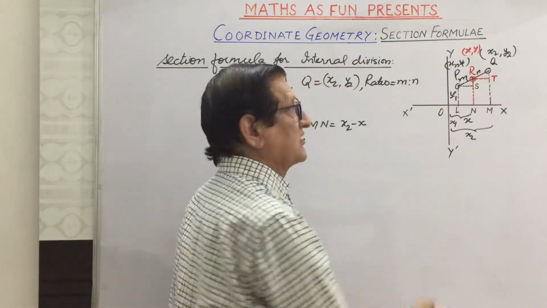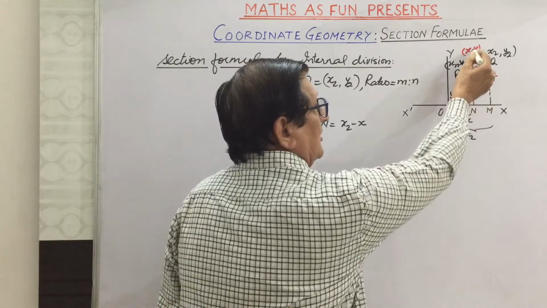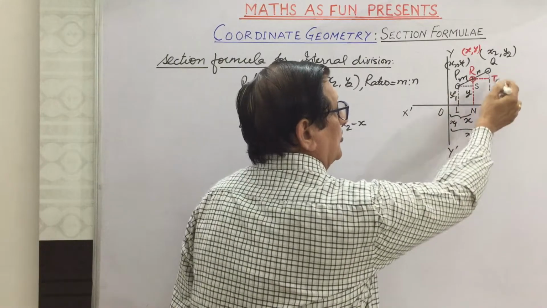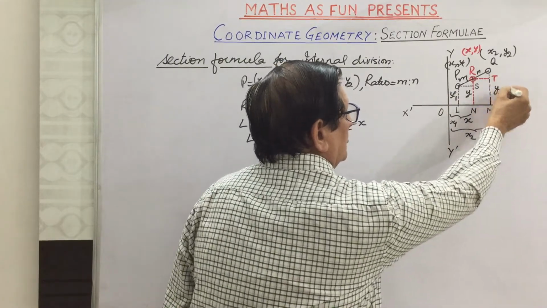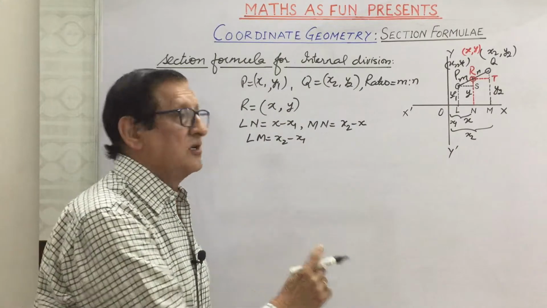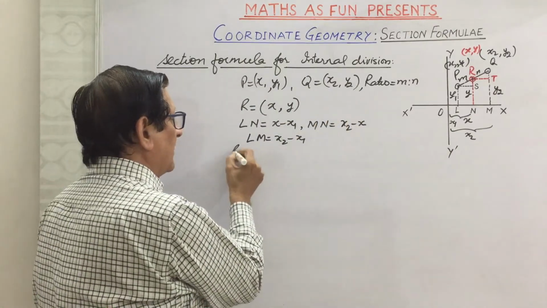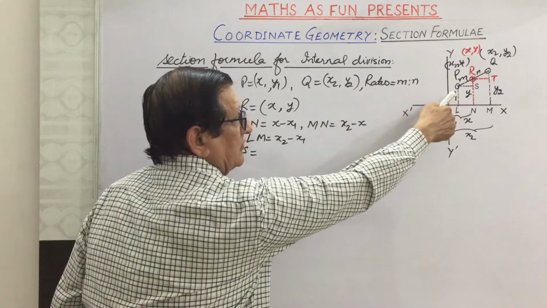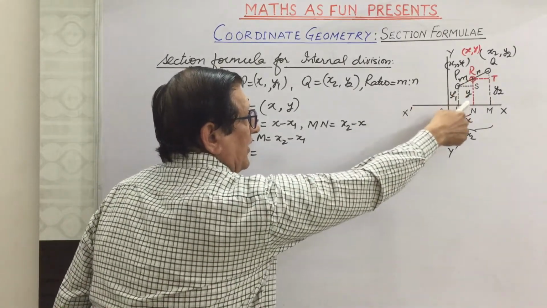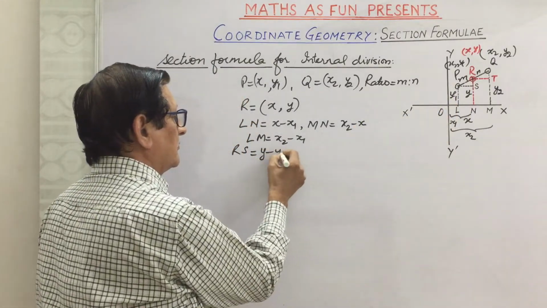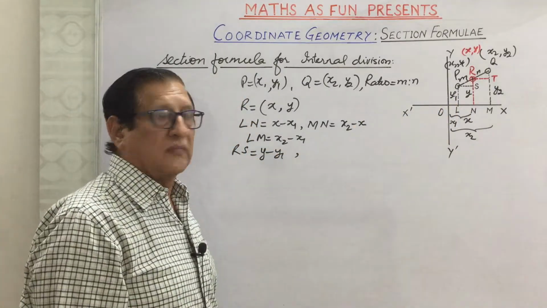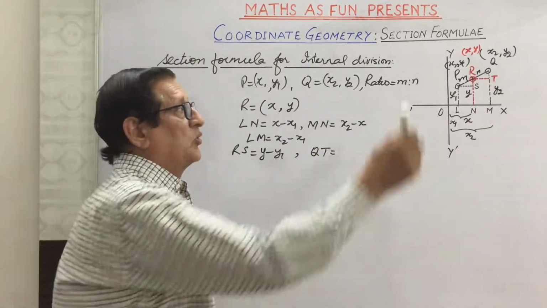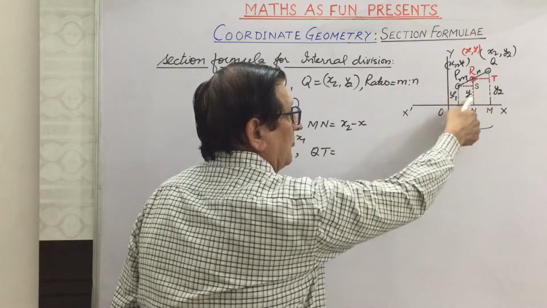RN is the y coordinate of R, and that is y. The y coordinate of Q is y2. From this, can we find out the length of RS? We can see here RS will be y minus y1. What about QT? QT will be y2 minus y.